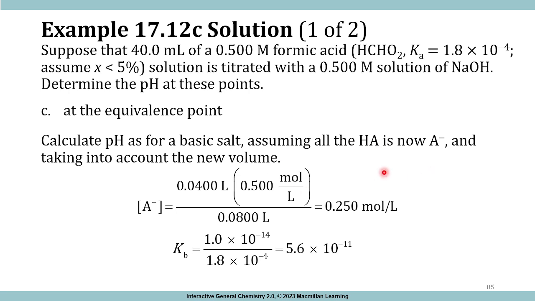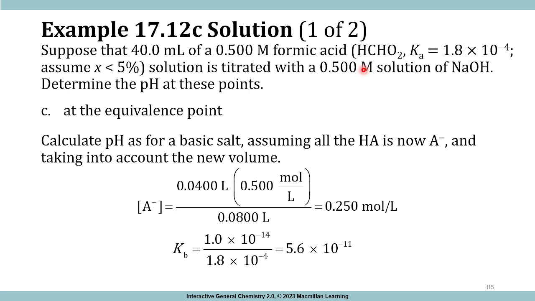And so what we're going to do then is figure out the initial concentration of that conjugate base. We do that by taking 40 milliliters right here times the 0.5 molarity divided by the total volume. Now, the total volume in this case is pretty easy to calculate. And the reason for that is this has the same molarity for the NaOH, right?